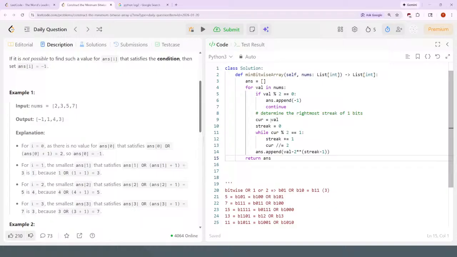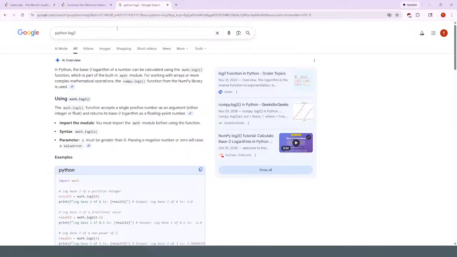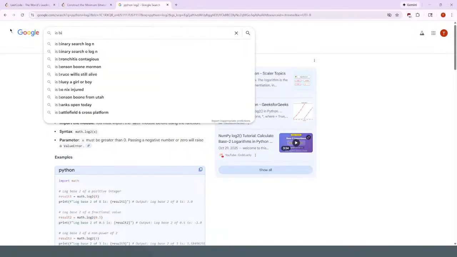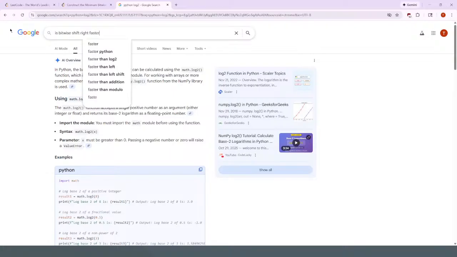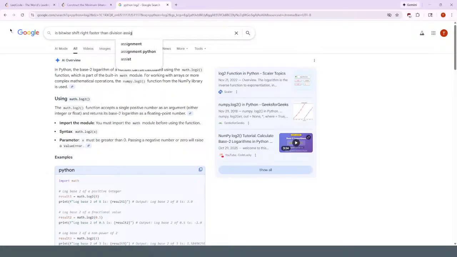Okay, do I need all this jazz? I wonder if this is faster than just doing a bitwise operation. Go ahead and ask: is a bitwise shift right faster than a division by 2 assignment in Python?